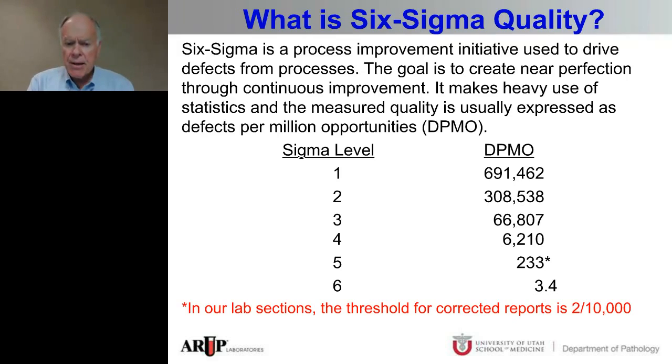So the threshold for good performance in our technical laboratory sections is slightly more than 5 sigma. But I can assure you that that's a very challenging goal. And I think if you look at your own error levels in your own laboratory, you'll see why Six Sigma is so elusive and so difficult to reach. It's nearly 80 times more difficult than 5 Sigma.